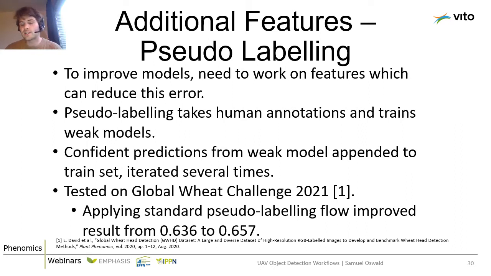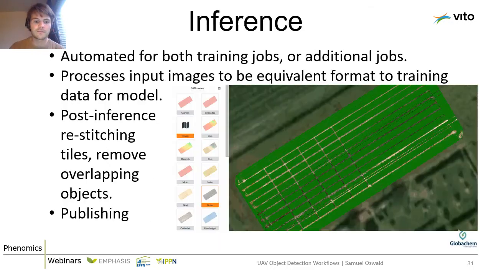And we found that this is quite useful in organ detection cases especially. By testing on the Global Wheat Challenge of 2021, it was able to, for our first submissions, improve the result by 2.5%, which is already quite good since there was no other augmentation aside from this built-in pseudo labeling process.